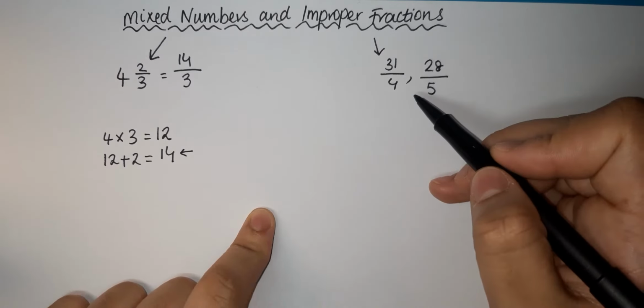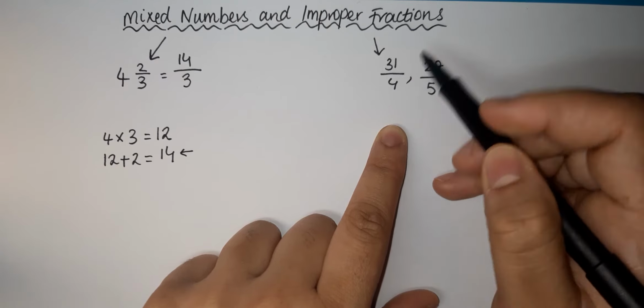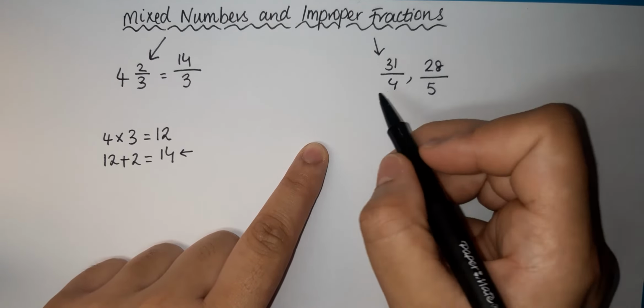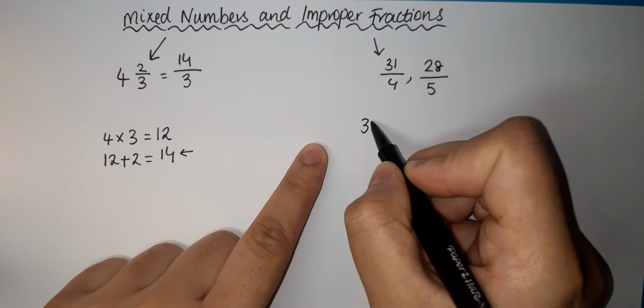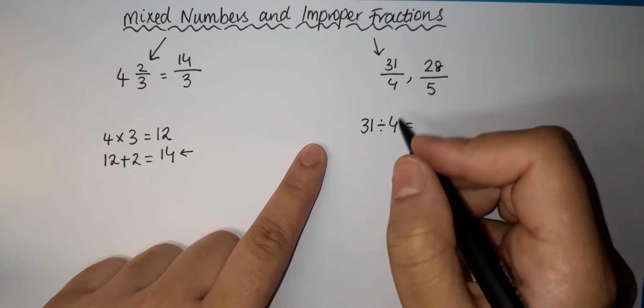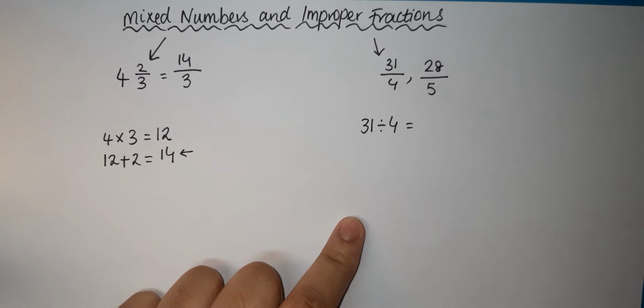Now let's go with this one here, 31 over 4. We can write this as 31 divided by 4. Now, we need to look at the remainders.